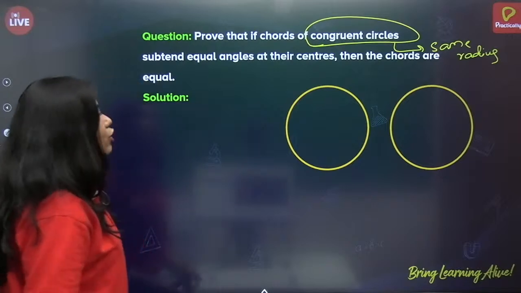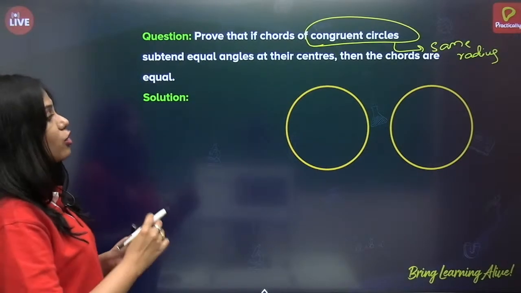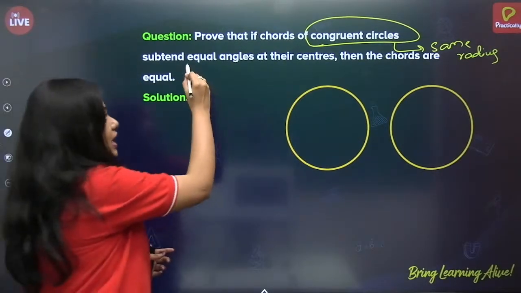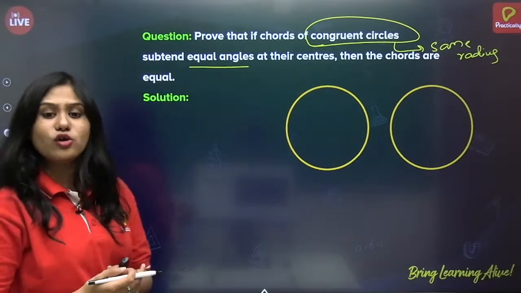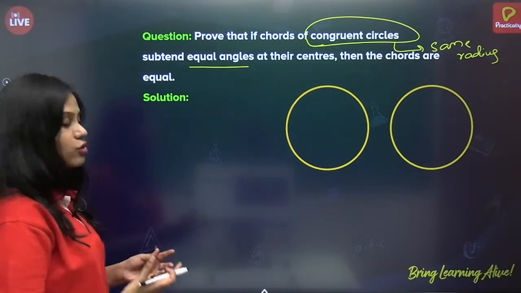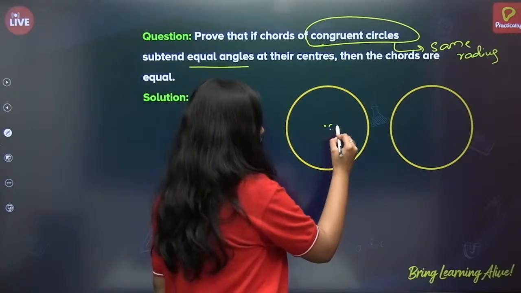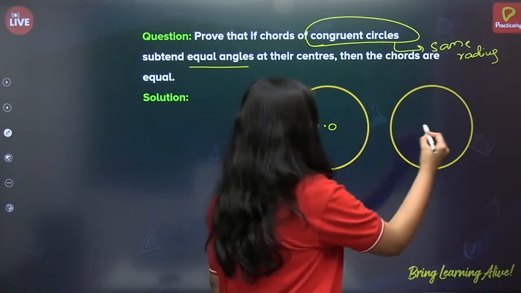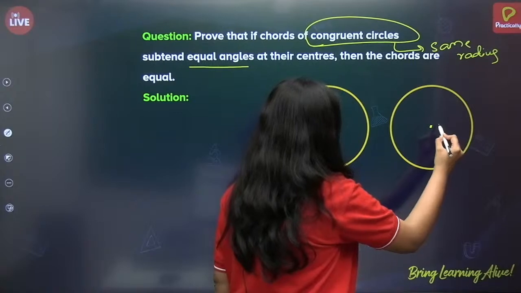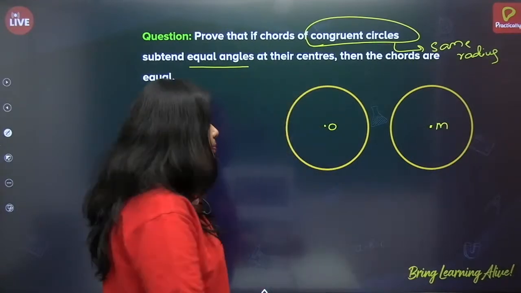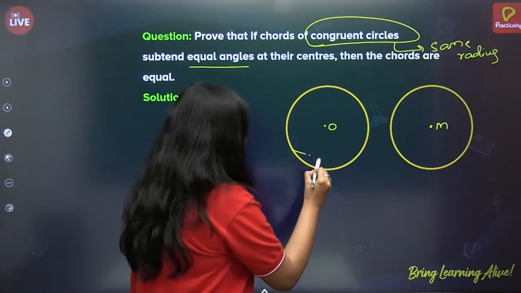Next, what do we have to prove? Prove that if chords of congruent circles subtend equal angles at the center, then the chords are equal. Of course, we'll do it. So here are my two congruent circles. One has center O, the next has center M. Okay, so there are chords.